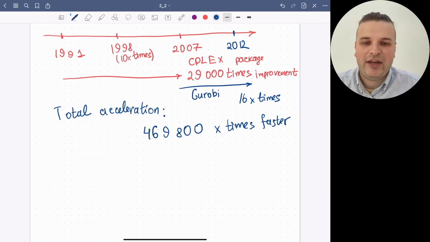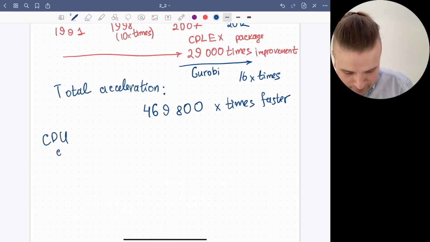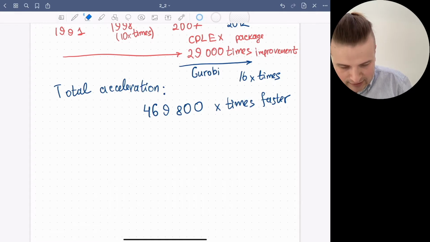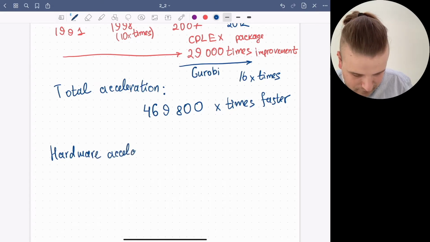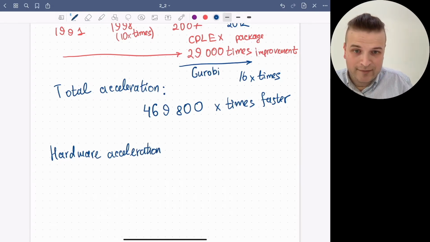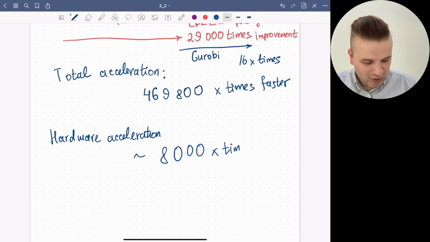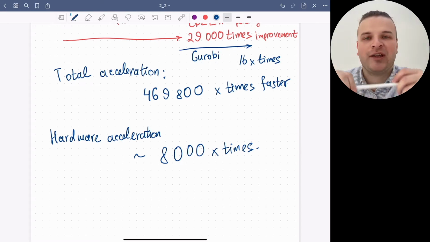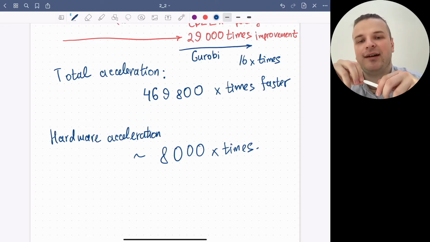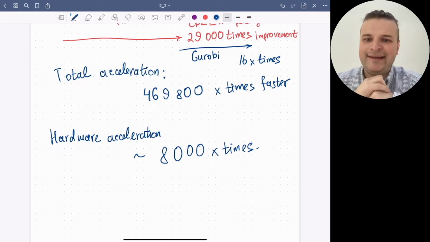At the same time, we have Moore's law, and the CPU or hardware acceleration at the same time was only about 8,000 times, which means that it is much faster to use old computers with modern software and algorithms rather than modern CPUs and old software.